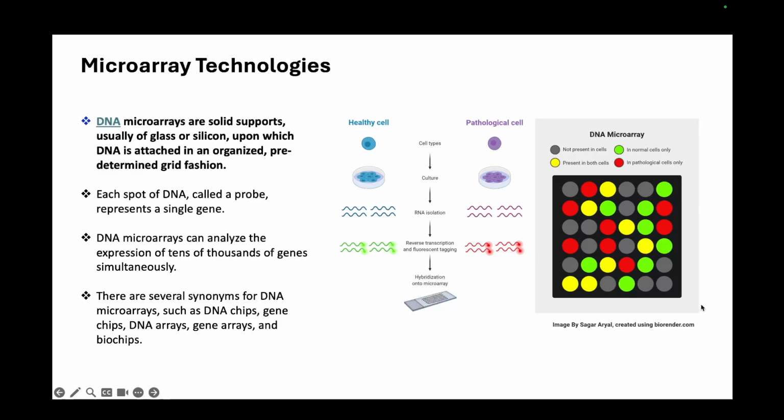So this is how the output looks if you see it from the top. You find these different colors emitting from the probes because you have attached the fluorescent tags. After that, you can analyze what exactly is the issue with your pathological cell compared to a healthy cell.